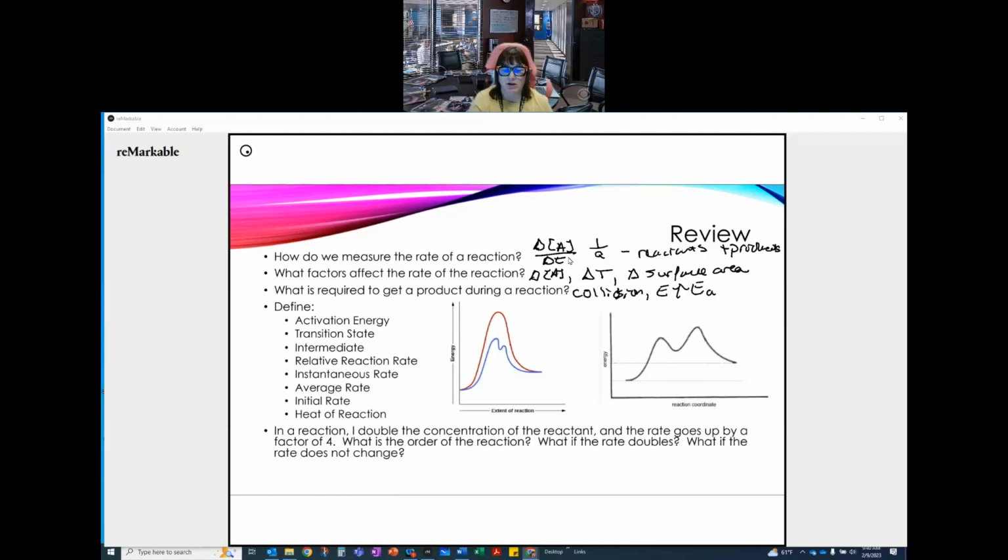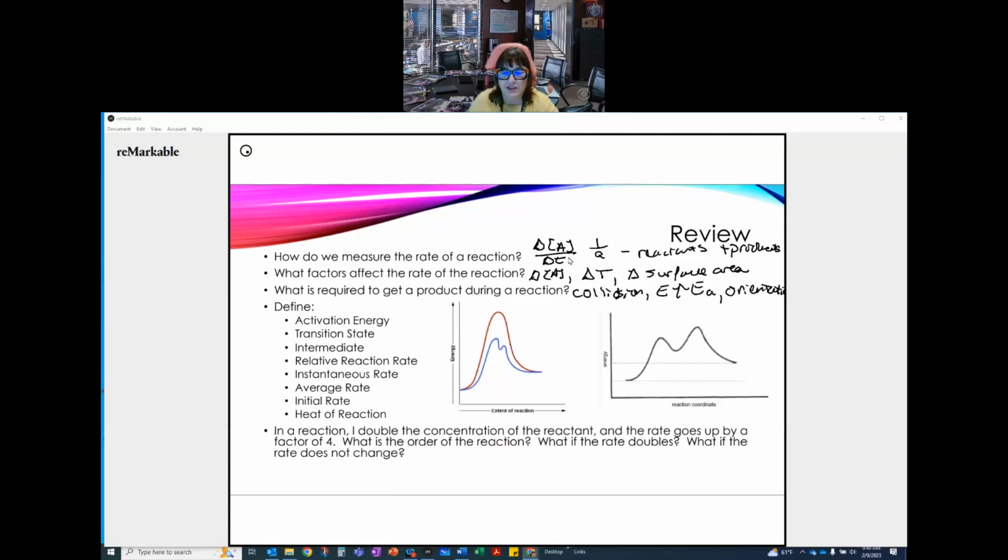So the energy has to be greater than EA. The other thing that we've talked about is it has to hit with the correct orientation. Now, what specifically that means is not important to you. Just know that orientation is a part of this. Okay, so if they don't hit in the right way, they're not going to be able to react to give you what you need. All right.